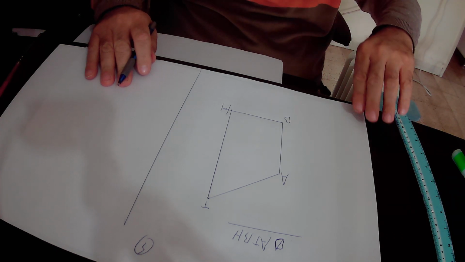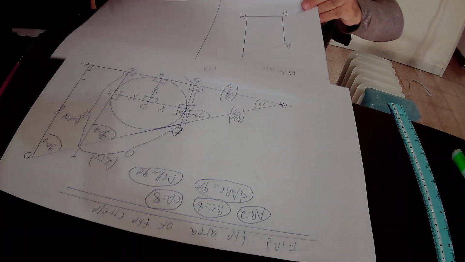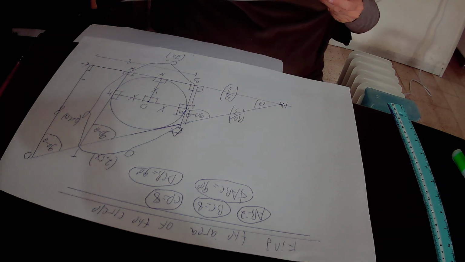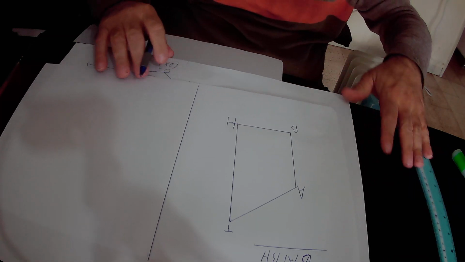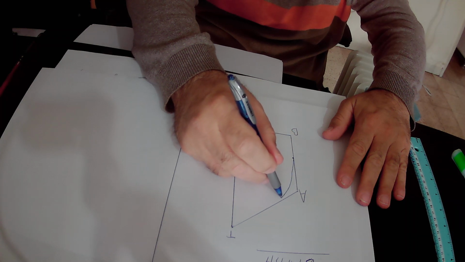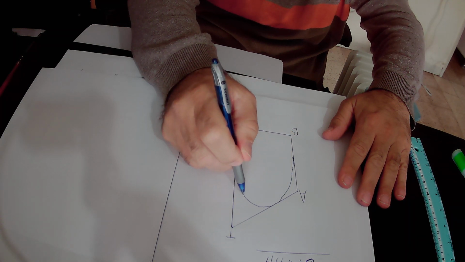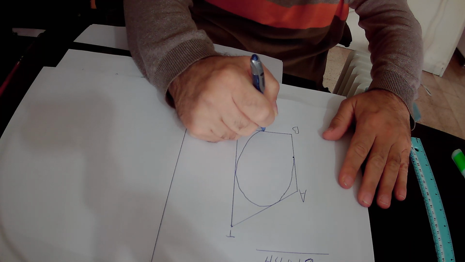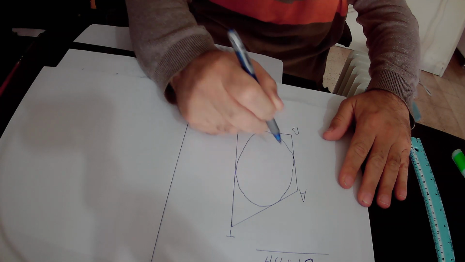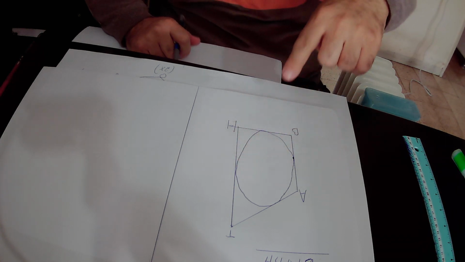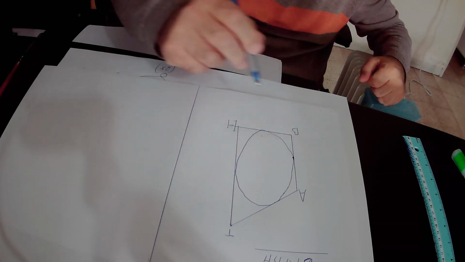This quadrangle blocks this circle, so I'll copy the circle in the new drawing here. The circle and the quadrangle touch each other at 4 points: 1, 2, 3, 4.